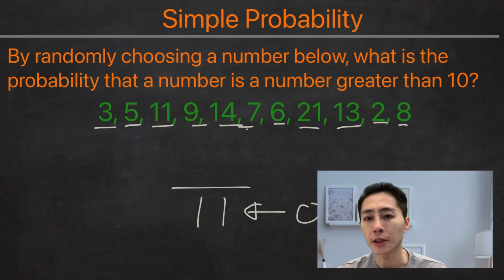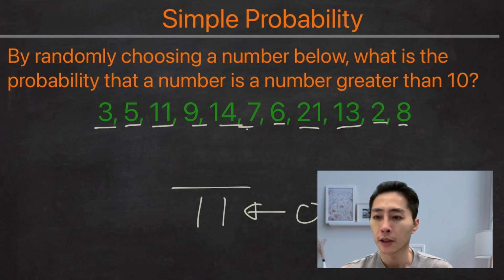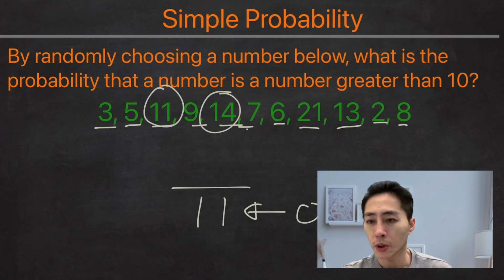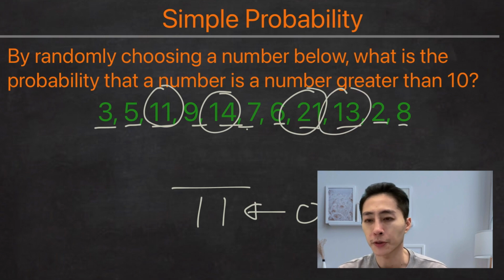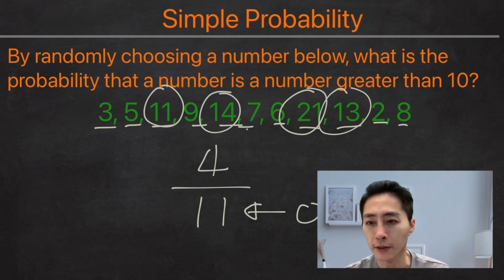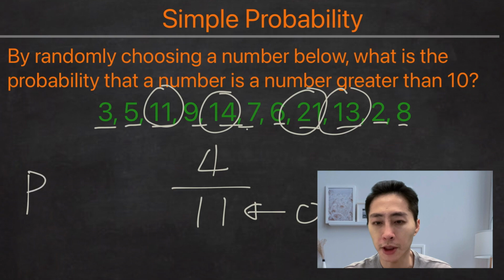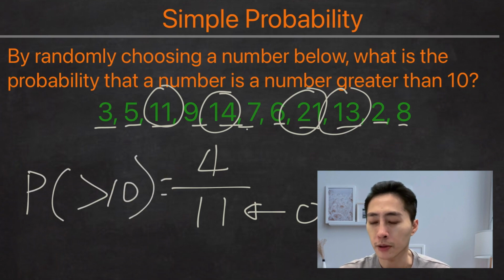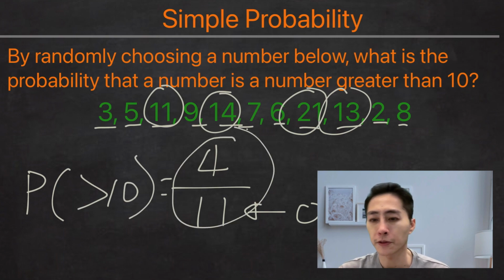And then, how many numbers are greater than 10? So this one is 1, 2, 3, 4. Total of 4. So the probability is 4 out of 11. So we can put a P and greater than 10. So that's the answer here. 4 out of 11 is the probability that you would pick a number greater than 10.